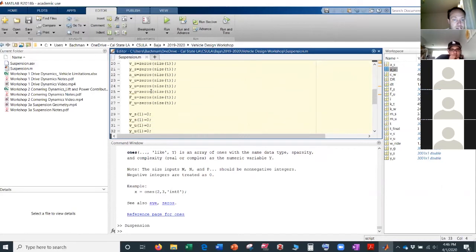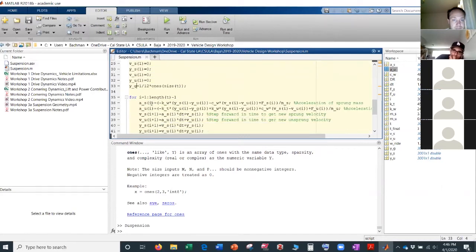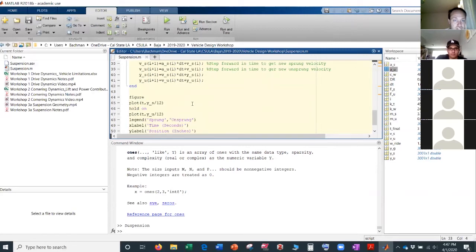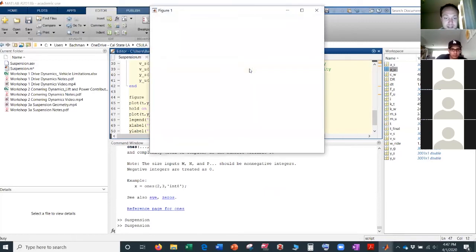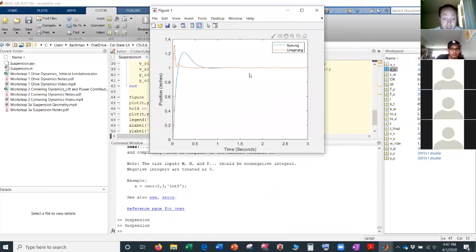This should be times 12. Get on me, guys. Get on me about this. To convert, that's in feet, and I got to switch to inches. Boom. Okay, there we go.